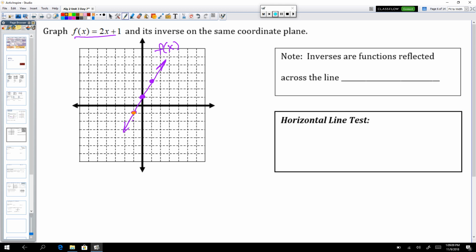If the original point is 0, 1, the new point will be 1, 0. If the original point was 1, 3, the new point will be 3, 1. Let's see, 1, 2, yes. 1, 2, 3, 1. There we go. Sorry about that. So my new line looks like this.